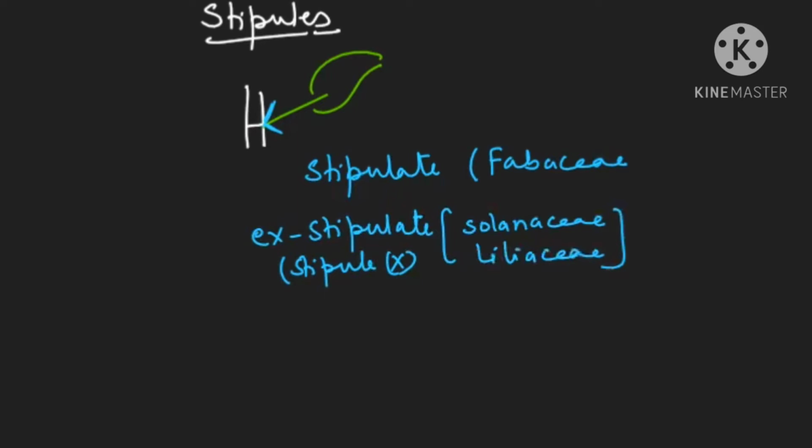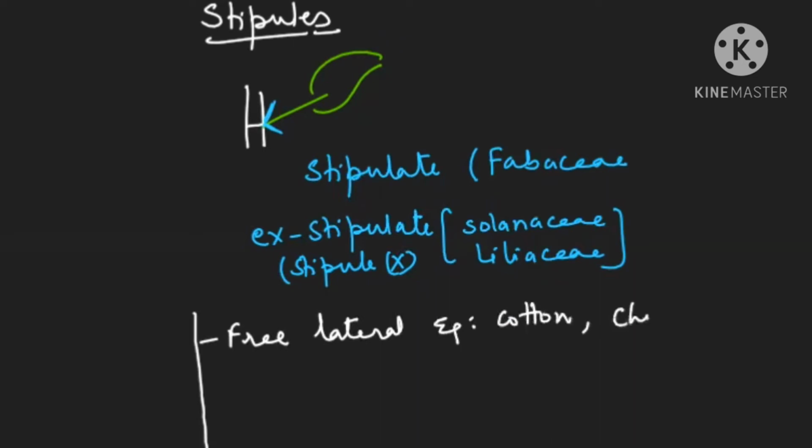Now stipules can be of different shapes, or you can say they can undergo different modifications. They can be present as free lateral, as I have drawn. If they are present as free lateral, such a condition you can see in cotton or China rose, and there you will find the condition which I have drawn above in the diagram.